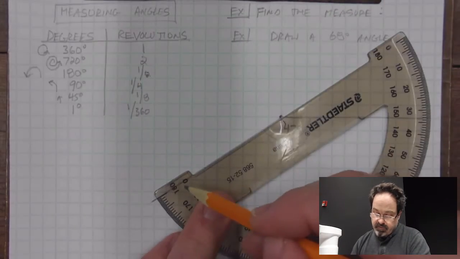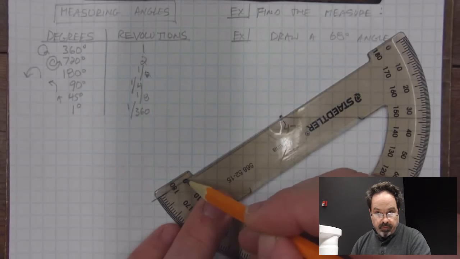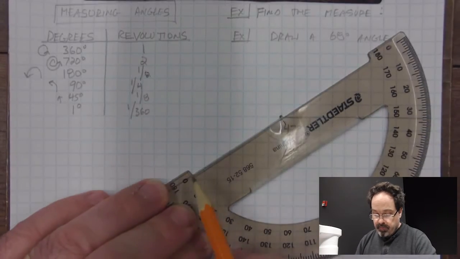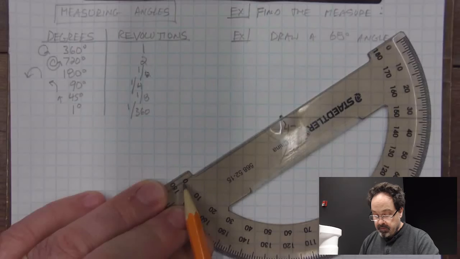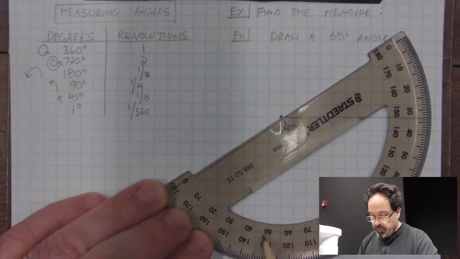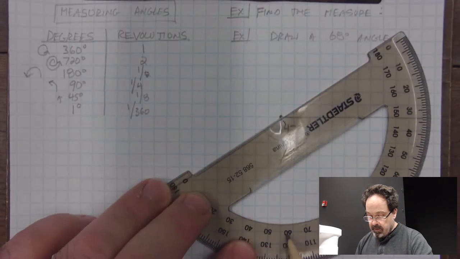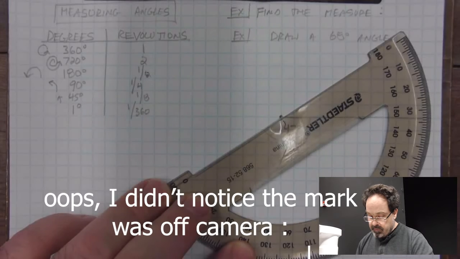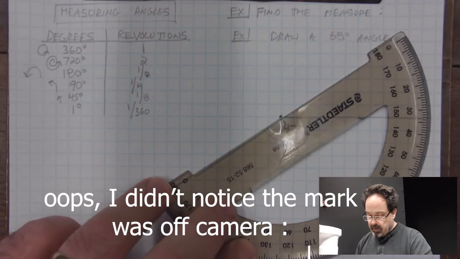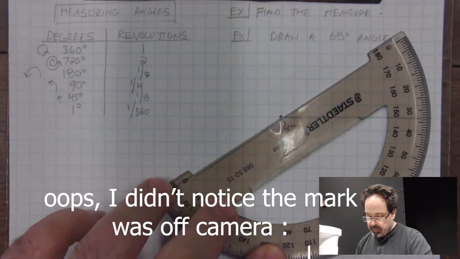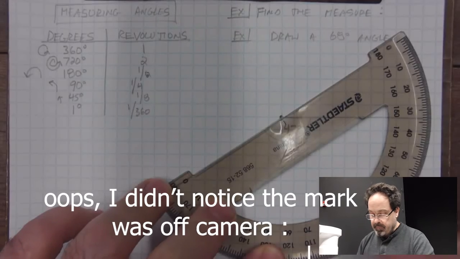I'm going to use this scale here that starts at 0, and I'm going to count up to 68, which is 10, 20, 30, 40, 50, 60. Now I need to read the little lines. If I'm at 60, I'm going to find 65 here, 65, 6, 7, 8. I'm going to make a mark at the 68 degree point.